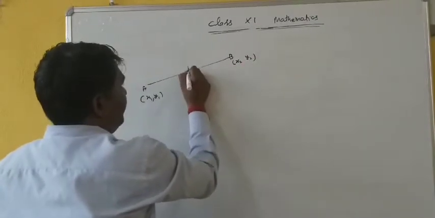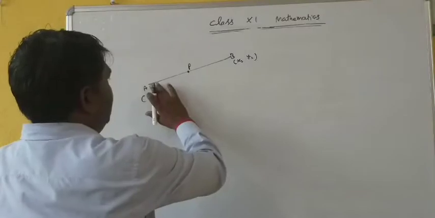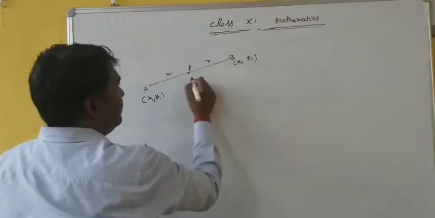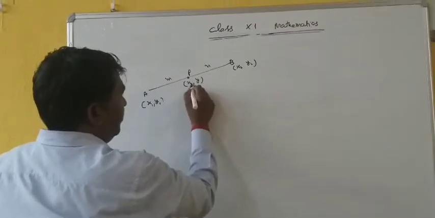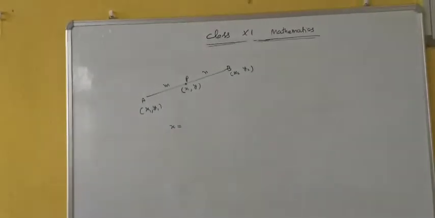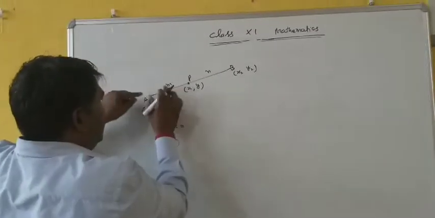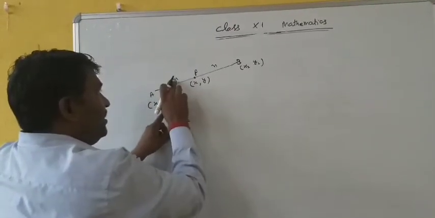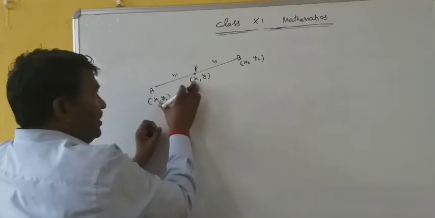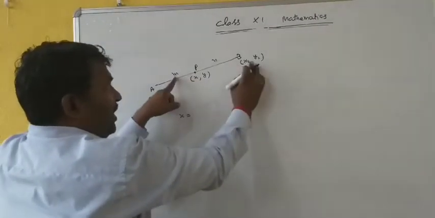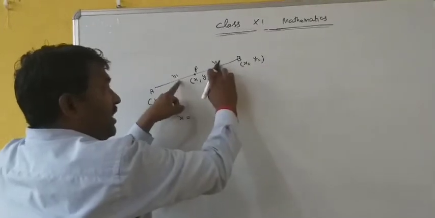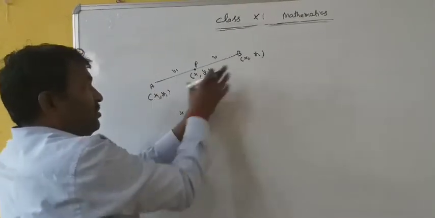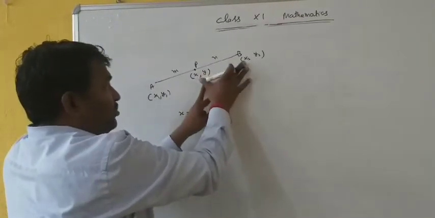There is a point P which divides the line joining A and B internally in the ratio m:n, and its coordinates x, y can be written by the formula. This m is the ratio in between these 2 points. So you will not multiply by this ratio in these coordinates, any one of these two. This m will be multiplied with this one only. Similarly, since this n belongs between these two, this n you will multiply along with this one. You will not multiply by this m into these coordinates.